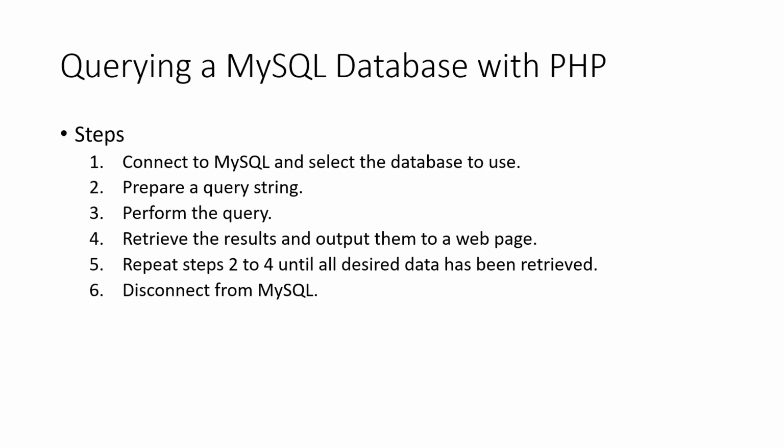Usually, the most commonly used approach is to put it into a table, for example. So you can format the outcome so that you can put it into a web page. The same setup we can have if you have multiple executions. And finally, you have to disconnect from the MySQL database.